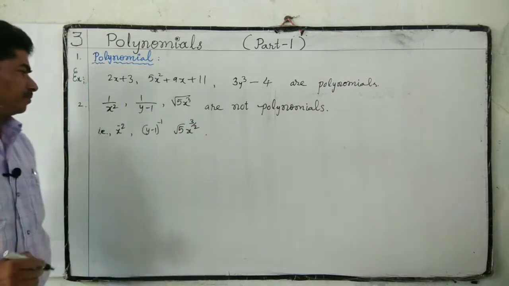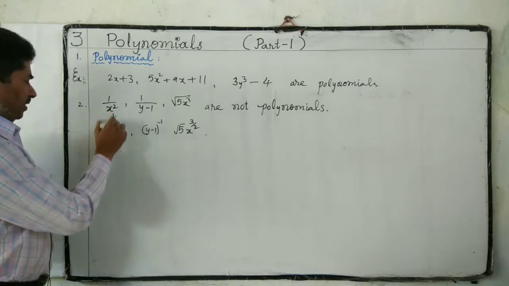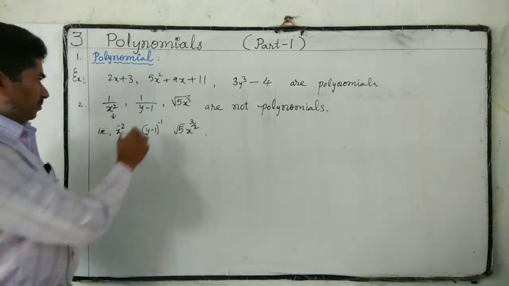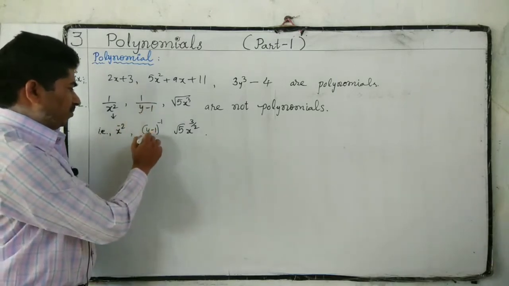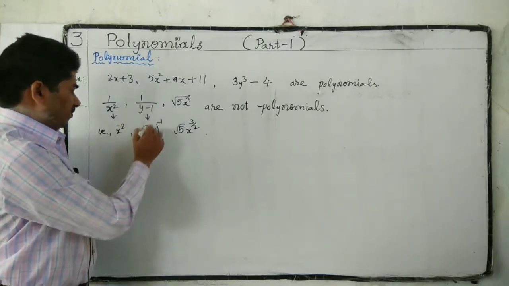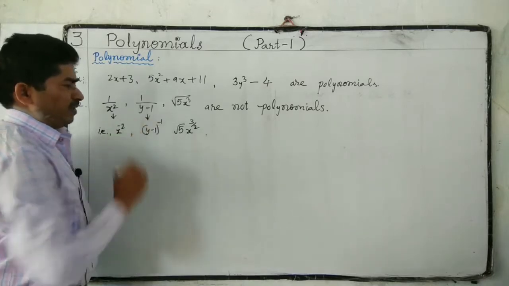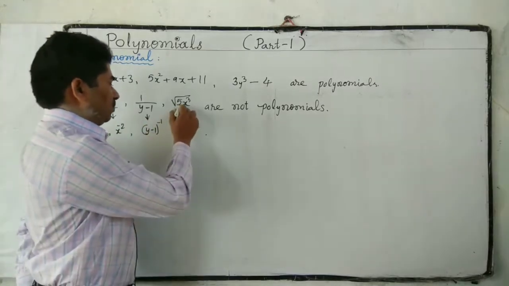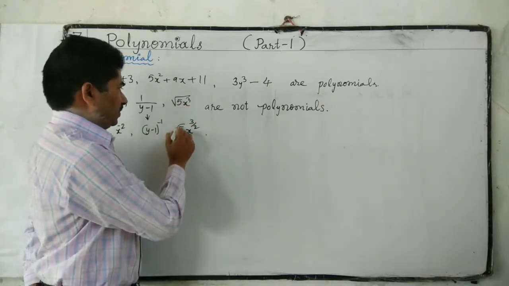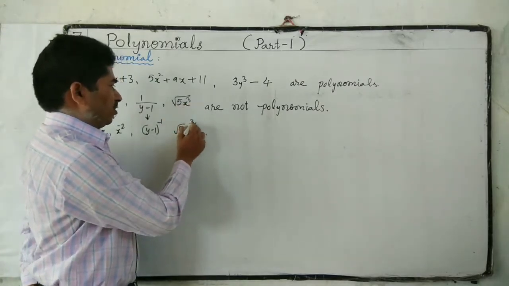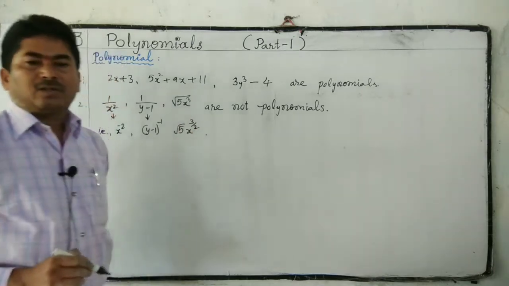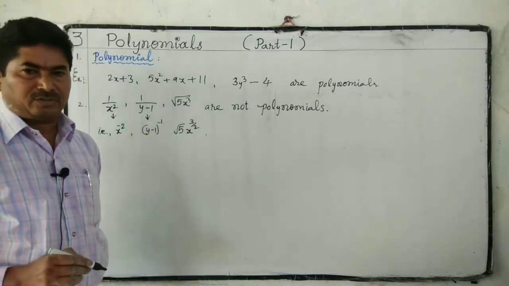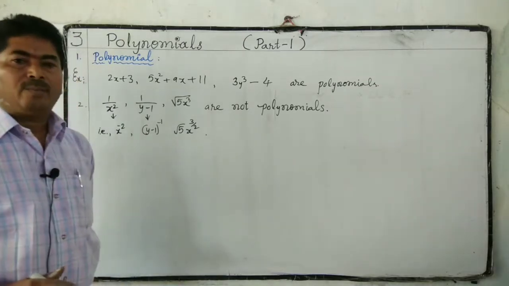That's why: 1 by x square is x to the power of minus 2, negative integral power; 1 by y minus 1 means y minus 1 whole to the power of minus 1, so this is also negative integral power. Square root of 5x cube is equal to root 5 x to the power of 3 by 2. This is a fraction, 3 by 2. The power is a fraction. That's why these are not polynomials.